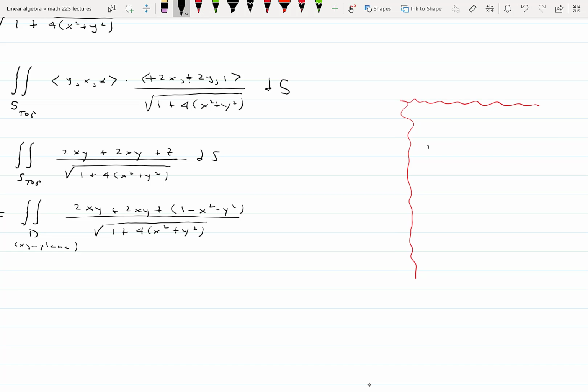So ds, remember, is the square root of 1 plus g_x squared plus g_y squared. That should look familiar. That's part of the normal vector. It's in the denominator of the normal vector. So you might be thinking, well, that's going to cancel with the denominator for the normal vector.